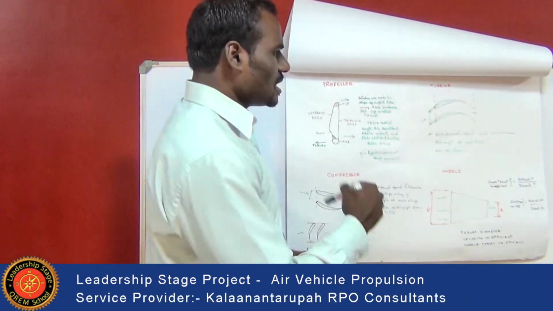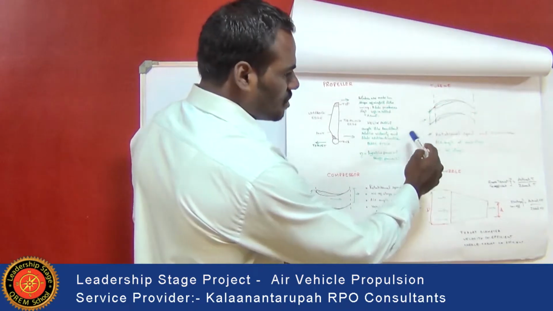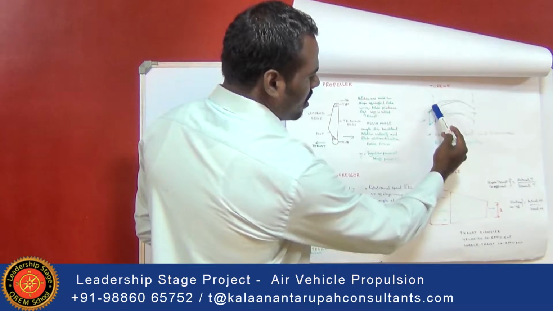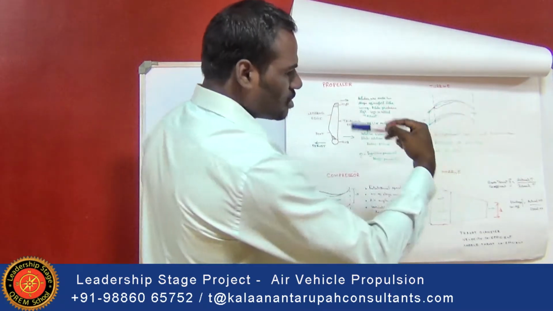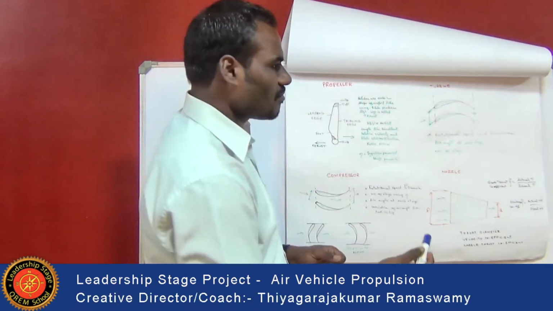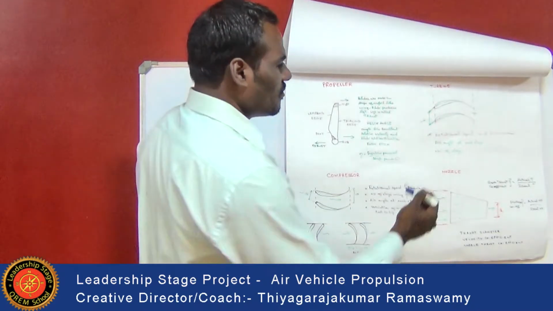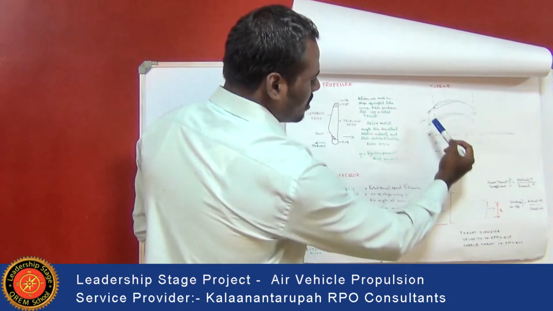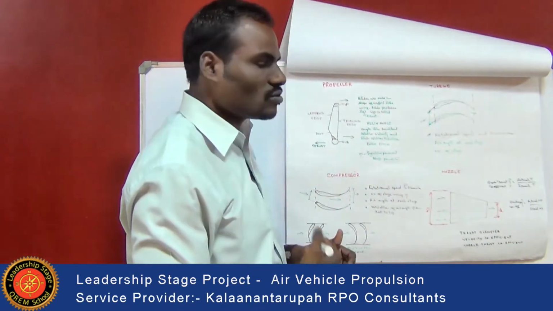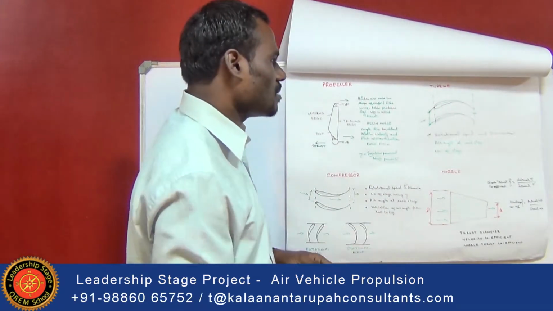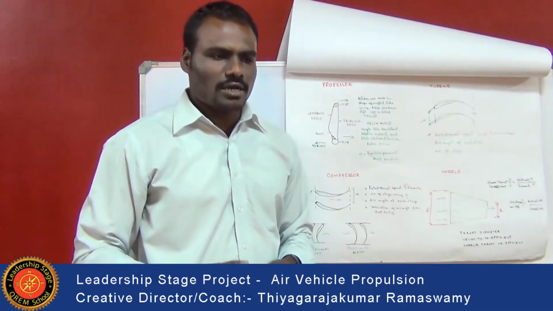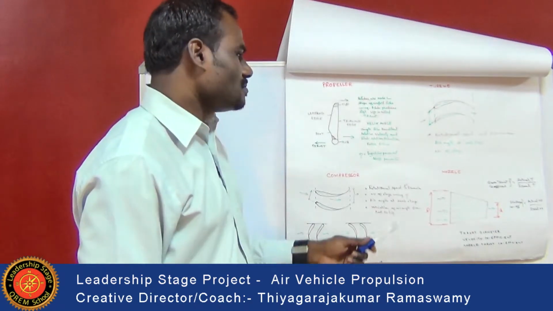Here, how the turbine blades will act with respect to the air subjected from the exhaust gas. The turbine blades are in a shape like this. Here also the stator as well as the rotary blades are present, whereas the air enters at the turbine blades in this direction, so that we will find out the rotational speed and the dimension of the turbine in order to reduce the pressure of the air exposed from the combustion chamber.